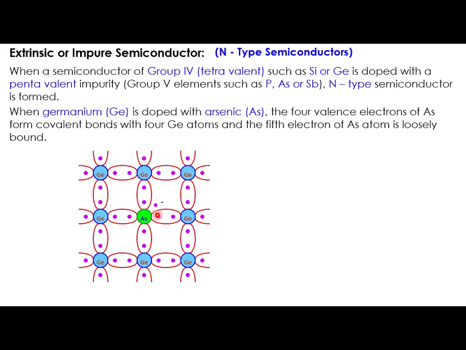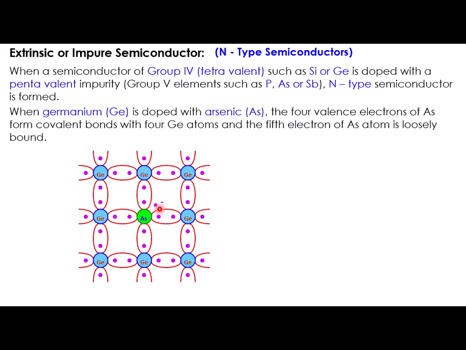That's why this electron will be loosely bound to the atomic core, and hence the ionization energy required to ionize this arsenic atom will be very small, because the atomic core has already fulfilled the octet rule. It is not requiring the 5th electron.